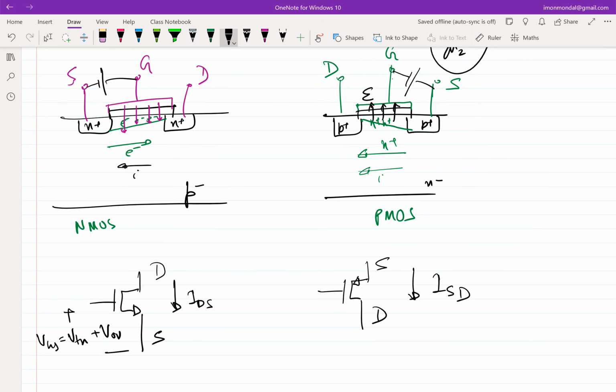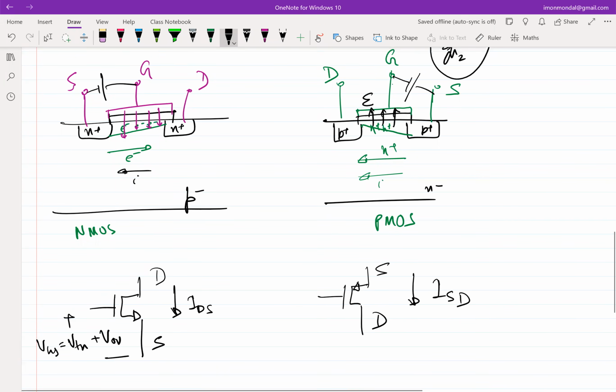In the case of a PMOS, the gate voltage should be lower than the source, because you are trying to attract holes in the channel. So everything is flipped. VSG should be some threshold voltage plus overdrive.